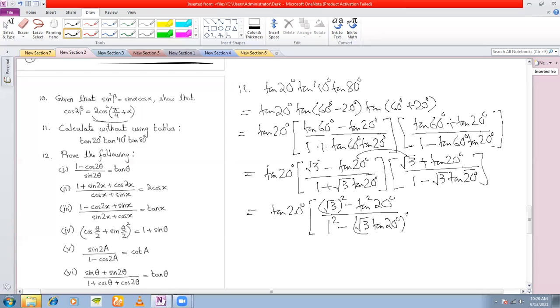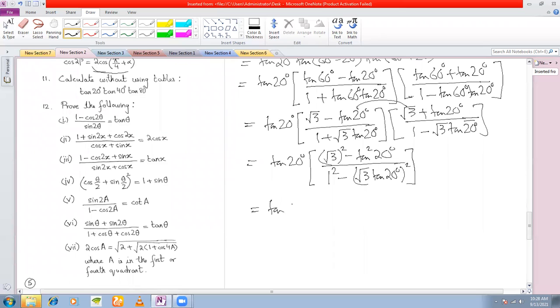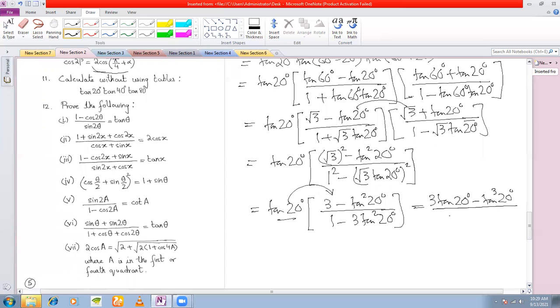So this is tan 20 degree into 3 minus tan square 20 degree divided by 1 minus 3 tan square 20 degree, right? Now you multiply tan 20 with the numerator to get 3 tan 20 degree minus tan cube 20 degree divided by 1 minus 3 tan square 20 degree.